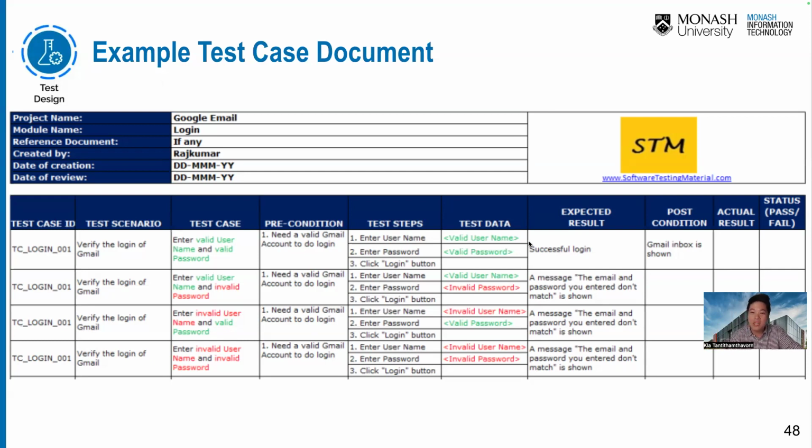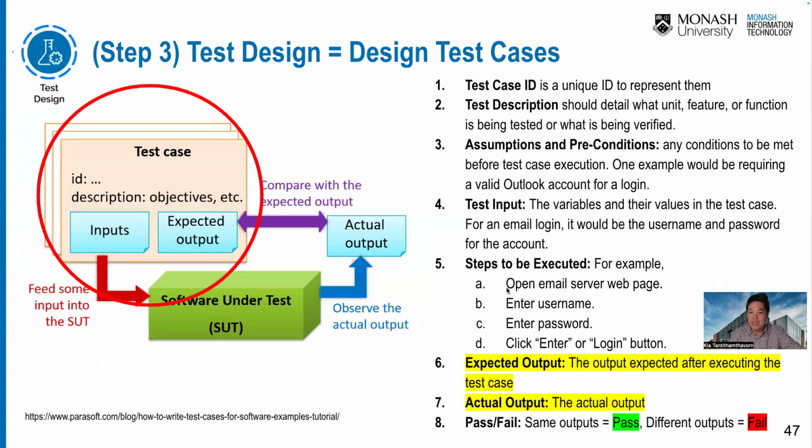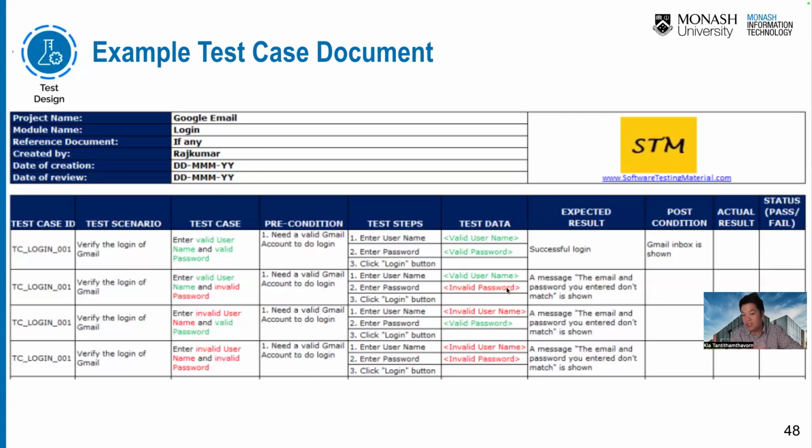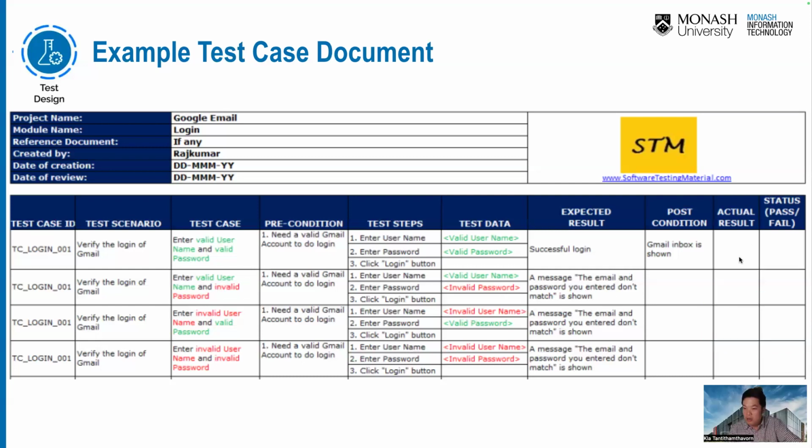This is the step to test. What I mean is that we basically map whatever we have here into the table in the document, so we can make sure whether the actual result, the status of the test case, is pass or fail.